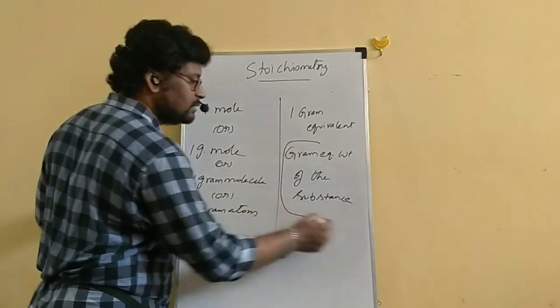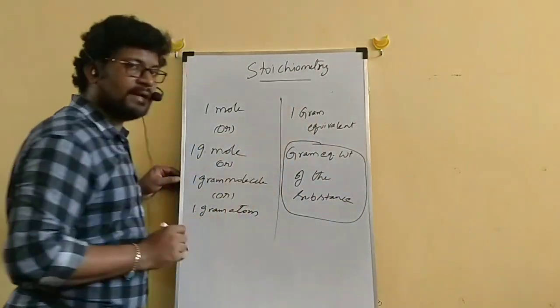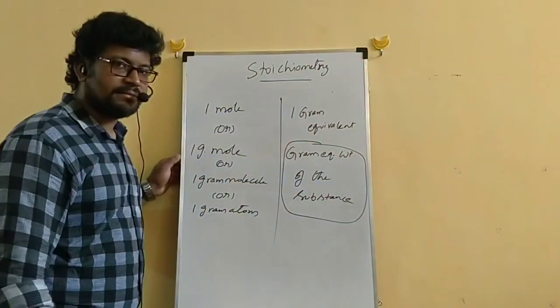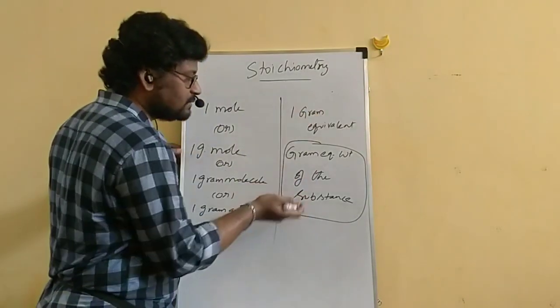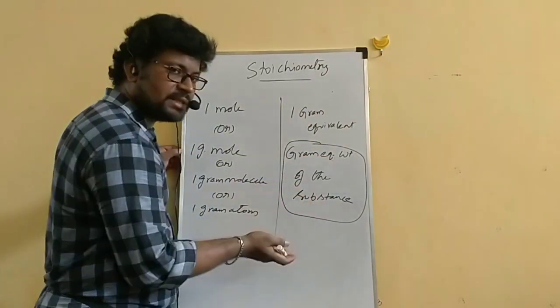This much weight is 1 gram equivalent. If you take 2 gram equivalents, then it will be 2 times the gram equivalent weight of the substance.